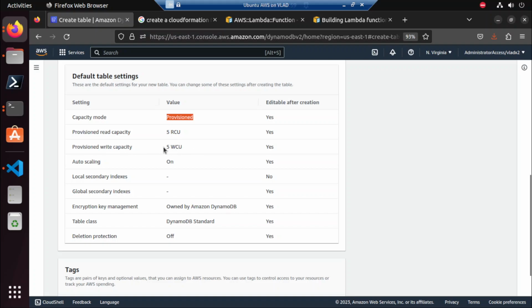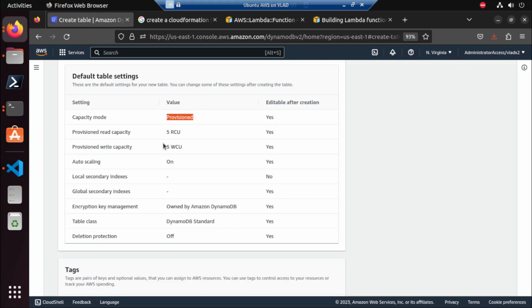So for write, is it 4 kilobytes? Let me see the calculation. Let me remember. It's 1 write per second, and each write is 4 KB.